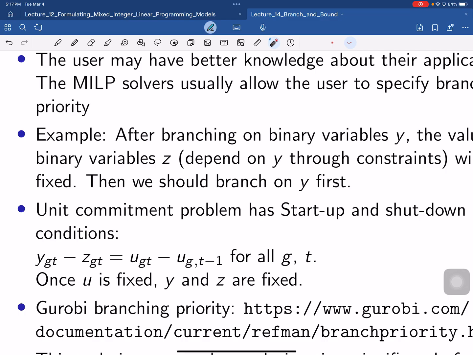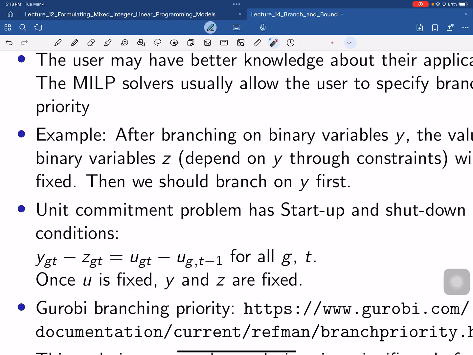And similarly, when a generator switches from on to off, then this binary variable z_gt should be 1, okay? So after all the u variables are fixed, the y and z will be automatically fixed by propagating through the constraints, okay? So therefore, in this problem, perhaps you could set the branching priority so you will branch on the u variables first, rather than on the y and z variables.